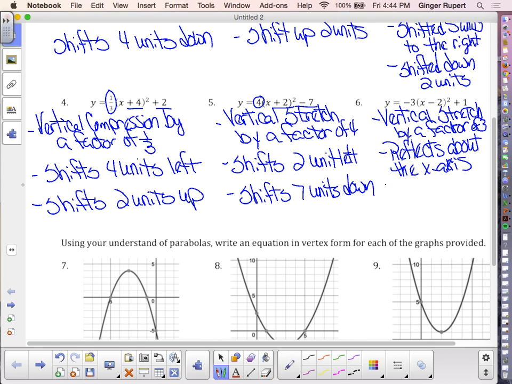The negative 2 tells me it shifts 2 units to the right. And then the plus 1 tells me it shifts 1 unit up.